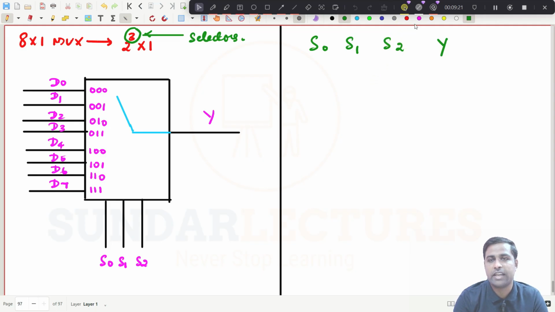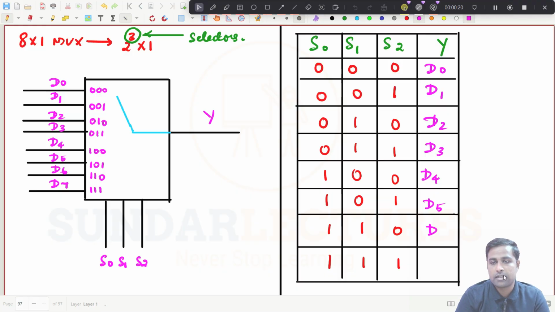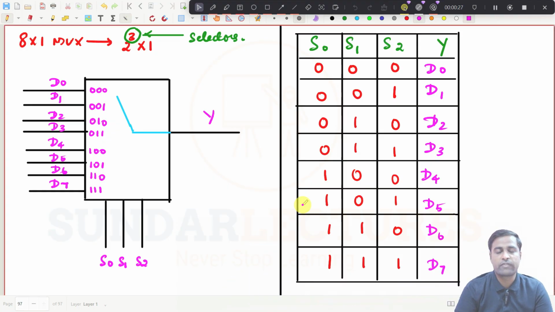For example, if I give 0 0 0, D0 will be selected, right? So output will be D0, this is D1, D2, D3, D4, D5, D6, and this is D7. Right, this is how the output will be selected.